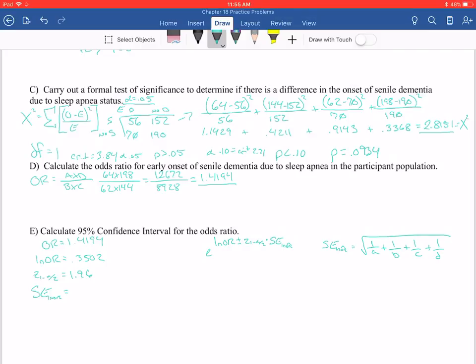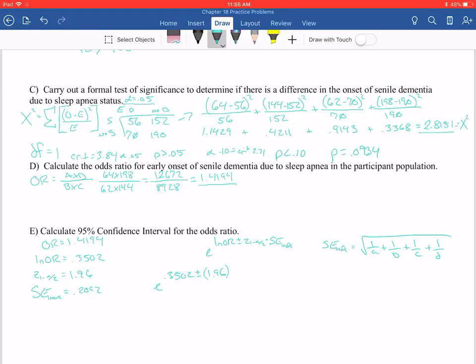Our z value, z of 1 minus alpha over 2, is going to be 1.96. And our standard error is going to be the square root of 1 over a plus 1 over b plus 1 over c plus 1 over d. When you put all that in the calculator, 0.2092. Remember, if you're putting it all in your calculator, make sure the parentheses are right to do it all in one setting.